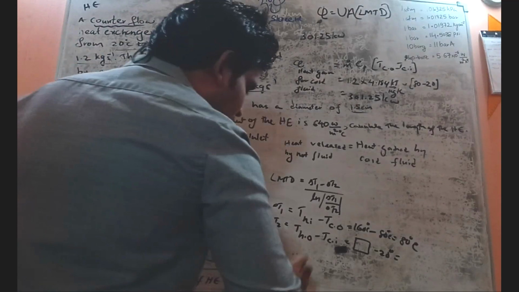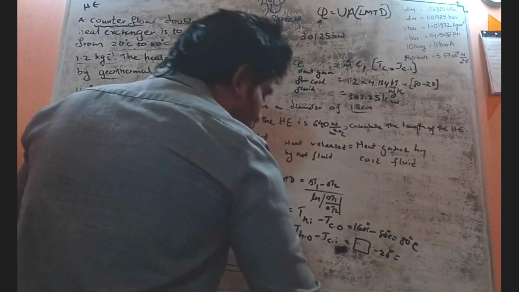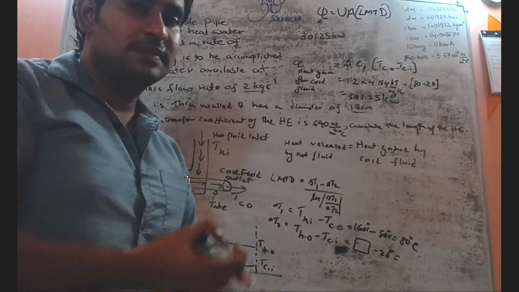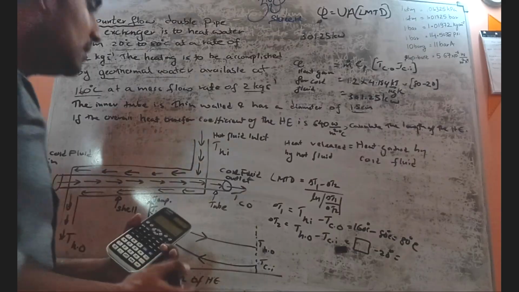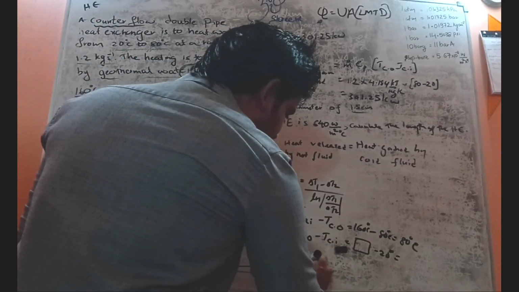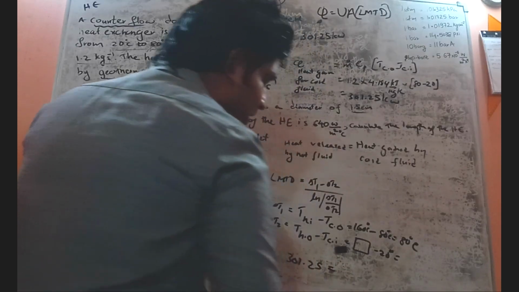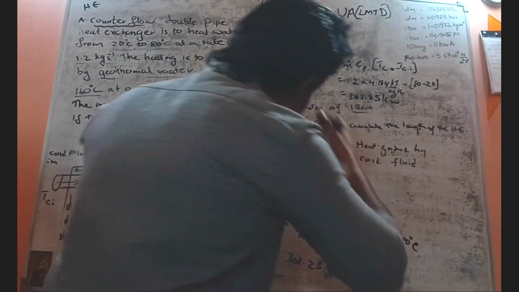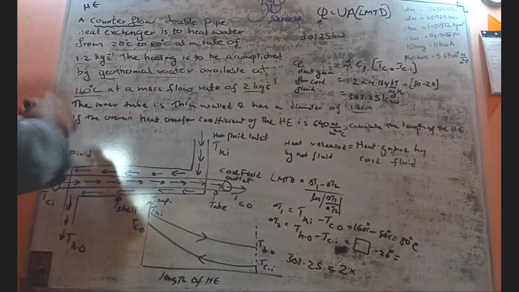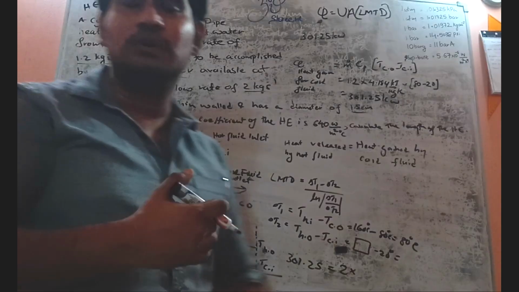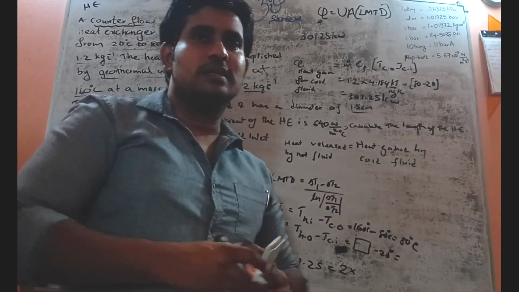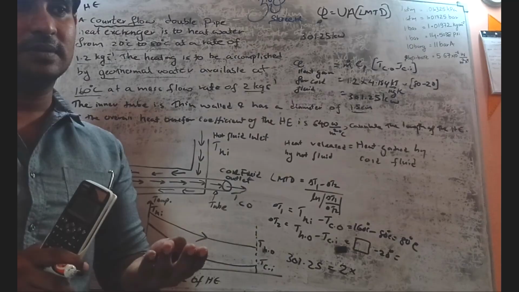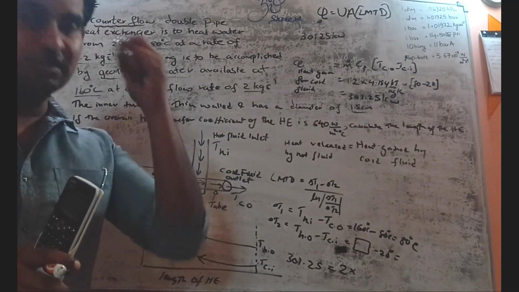Alright. So what we can do? Now I am going to apply the same equation, m dot Cp times the temperature difference, to the hot fluid. So let's call it 301.25. Now what is the mass flow rate of the hot fluid? That is 2 kilograms per second. Now the specific heat capacity of geothermal water depends upon the temperature, pressure and also the mineral content, right?